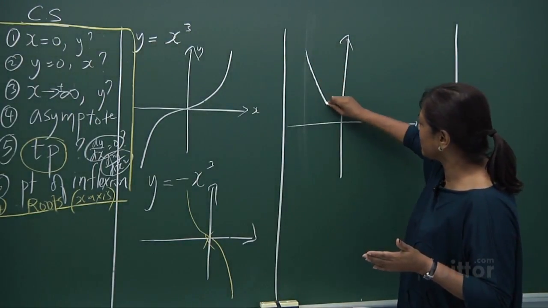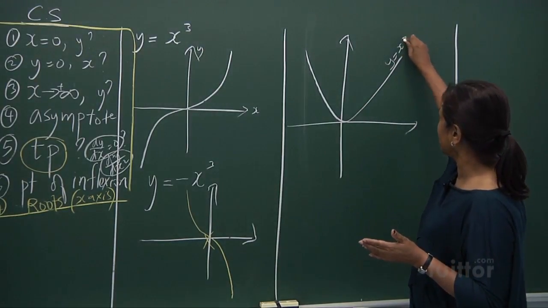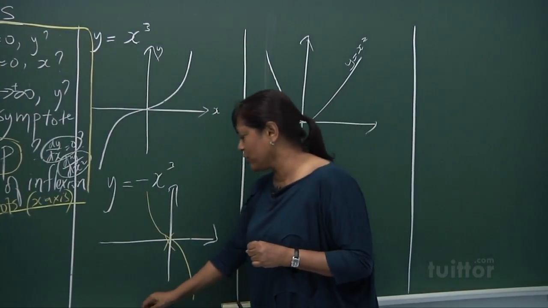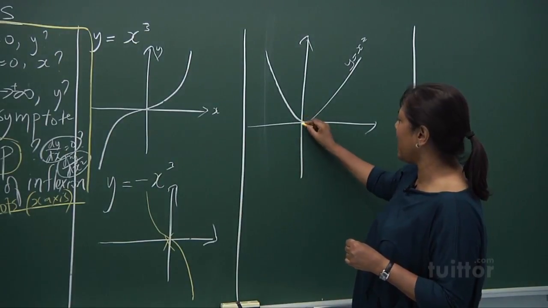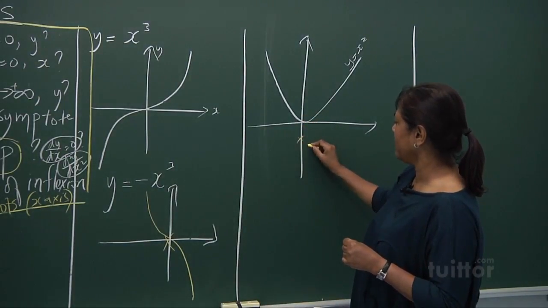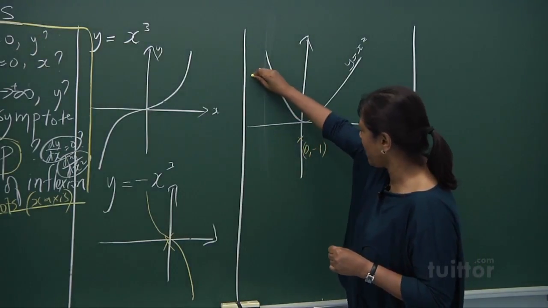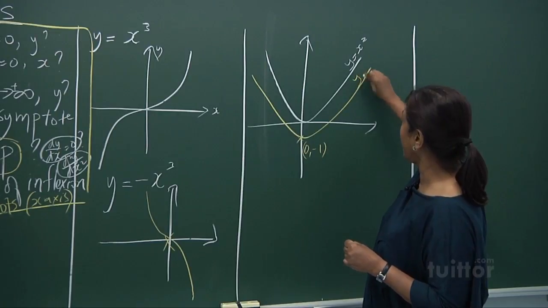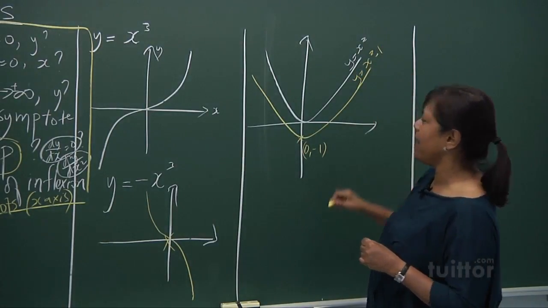Y is equal to x squared. And when I want x squared minus 1, you just move the graph one step down. When x is 0, y is minus 1. And the graph goes this way, y is x squared minus 1.